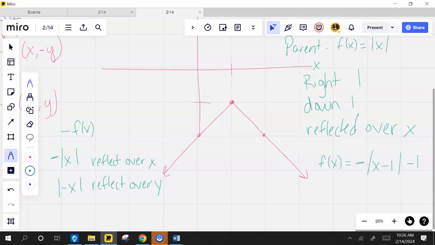All right. What's the vertex? You see how it's written that way, and that's the way we were graphing yesterday, but today we're using transformations to do it. What's the domain? What's the range?